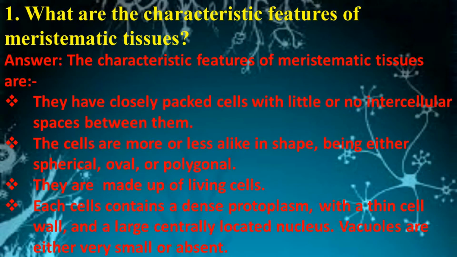The cells are more or less alike in shape, being either spherical, oval, or polygonal. They are made up of living cells. Each cell contains a dense protoplasm with a thin cell wall and a large centrally located nucleus. Vacuoles are either very small or absent.